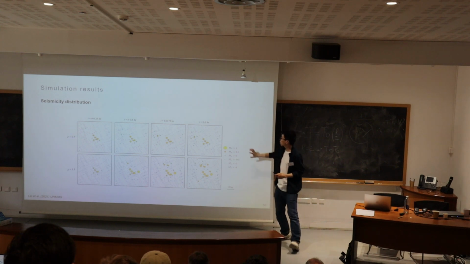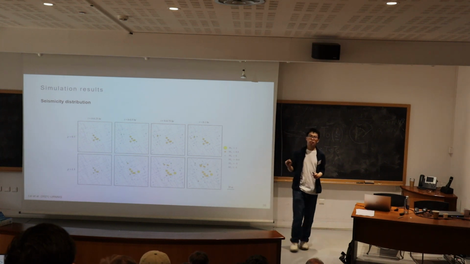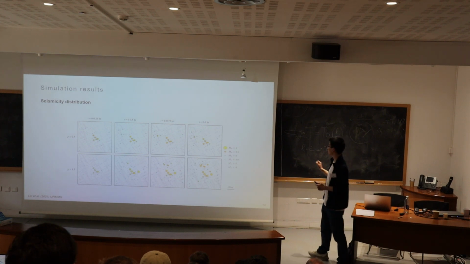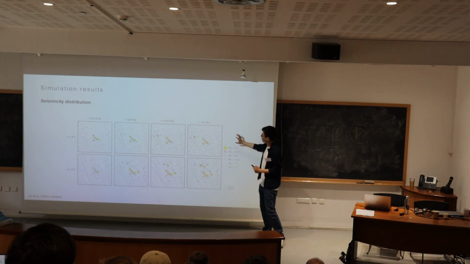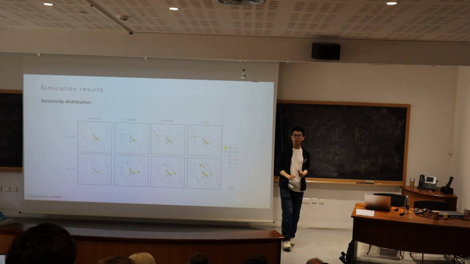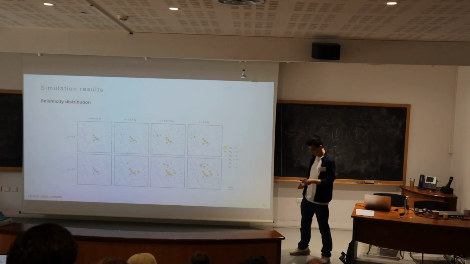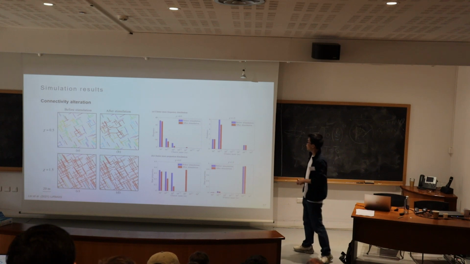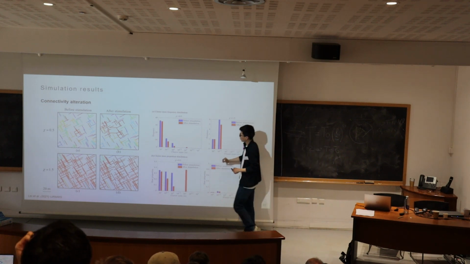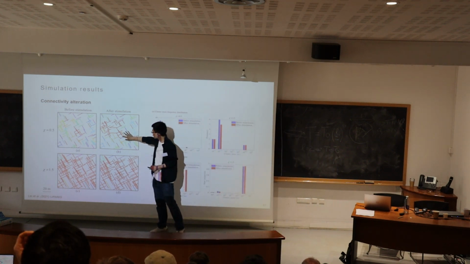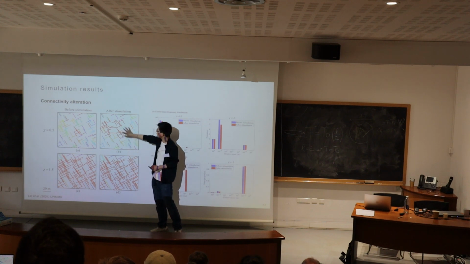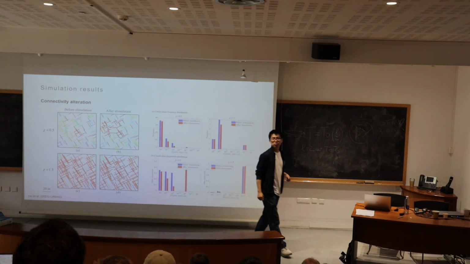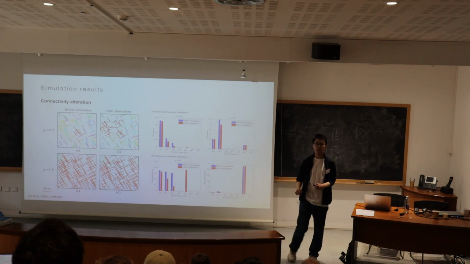So this would also explain what we observe in the Grimsel field, where the poorly connected system has less seismicity. And here, this is a figure to further illustrate the connectivity changes, where we see after the stimulation, the poorly connected system has much higher connectivity gain.